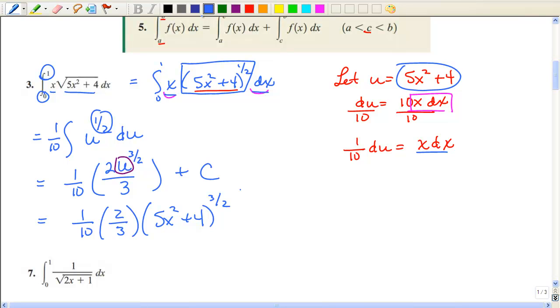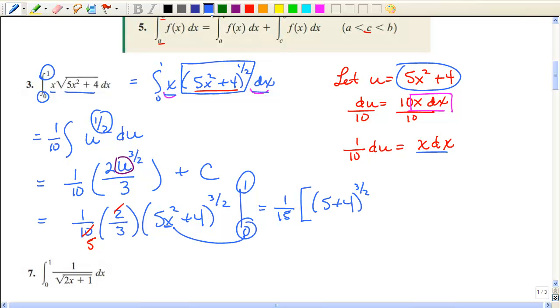Now, since that's in terms of x, I'm going to evaluate that definite integral between 0 and 1. Let's see if we can clean up some of those fractions. 2 goes into 10 5 times. So I've got 5 times 3, that's 15. I'm just going to leave that out in front. If I put a 1 in for x, I'm going to have 5 plus 4 to the 3/2 power.